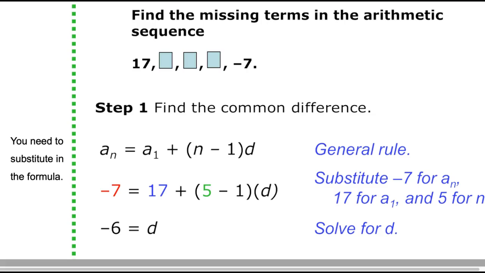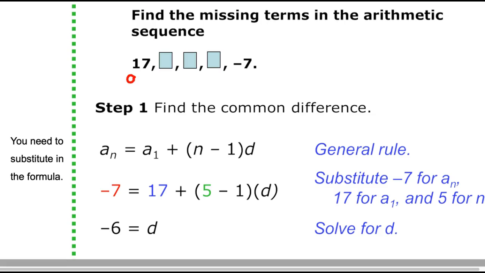Let's jump into finding missing terms in a sequence here. So we're given a first term and a fifth term, right? You might be given terms that just jump in kind of anywhere in the sequence.